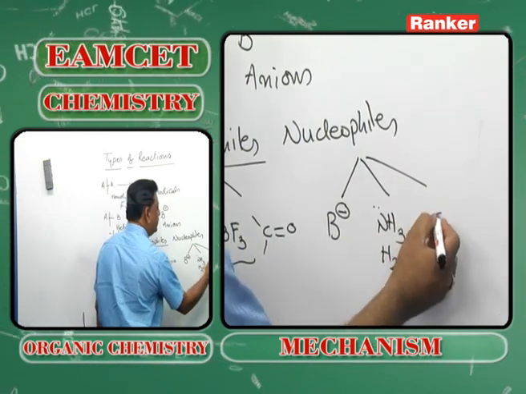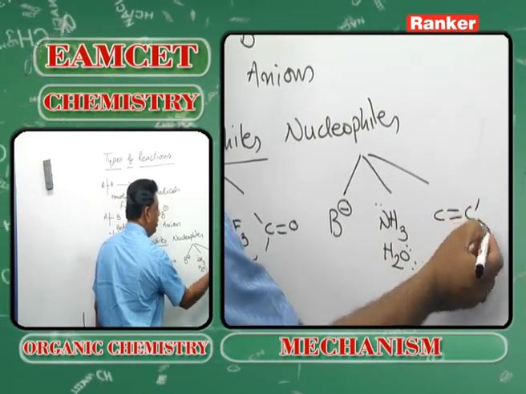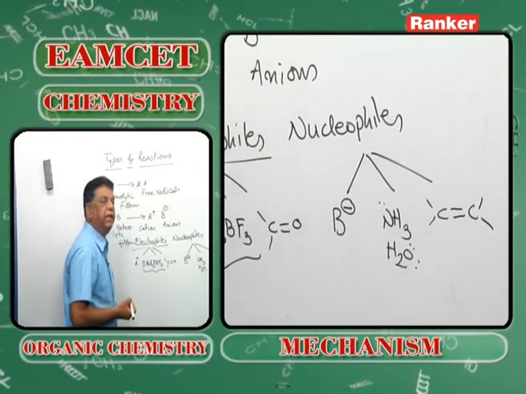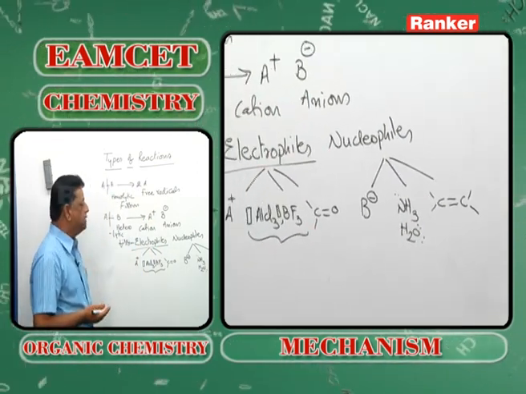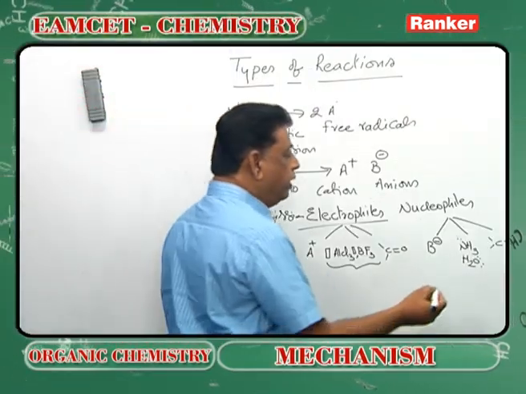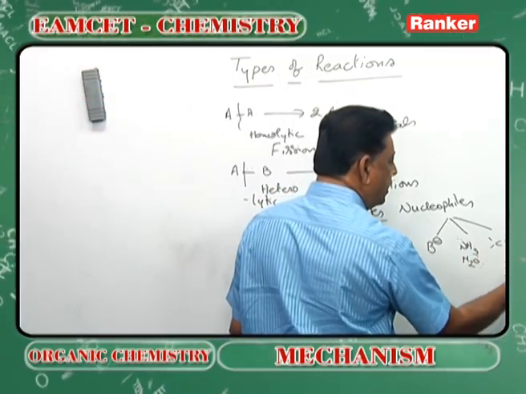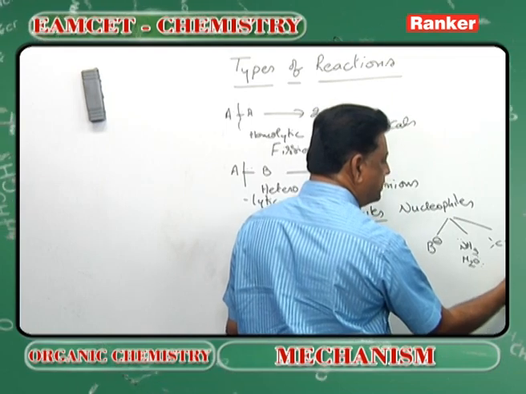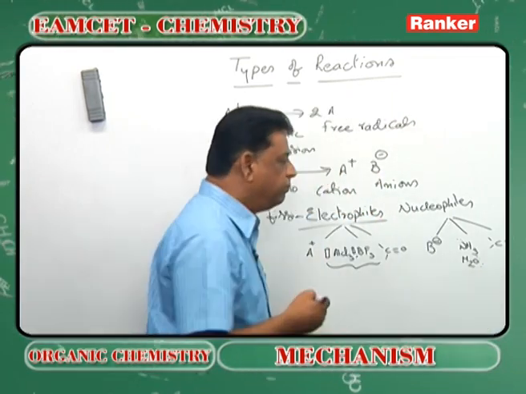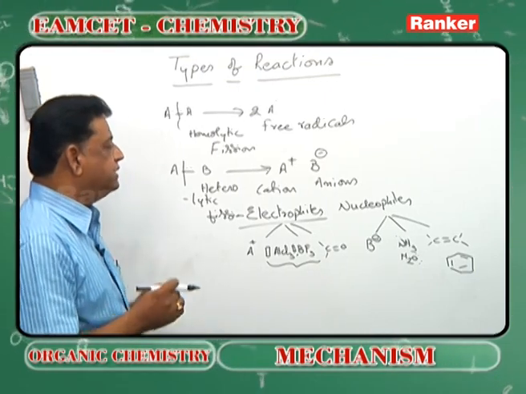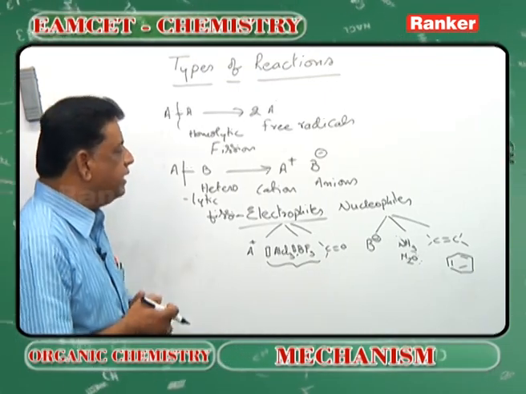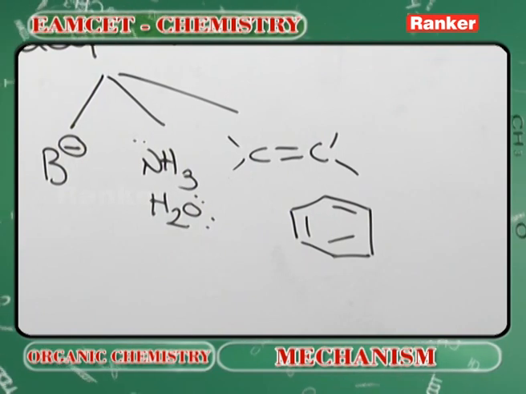They have no charge, but they have pairs of electrons on the molecule, so they are called nucleophiles. The third category is molecules with a CC double bond like alkenes, CC triple bond alkynes, and benzene, where such homo-type multiple bond molecules are called nucleophiles, because the bond is loose and electrons are available. Nucleophiles donate electrons and make a bond, so they are called nucleophiles.